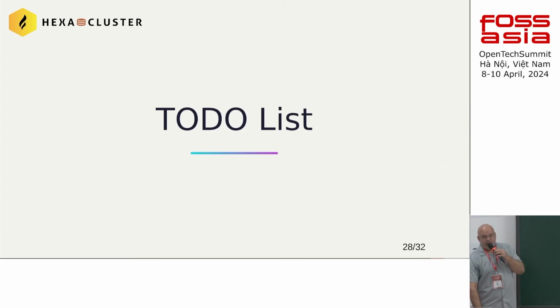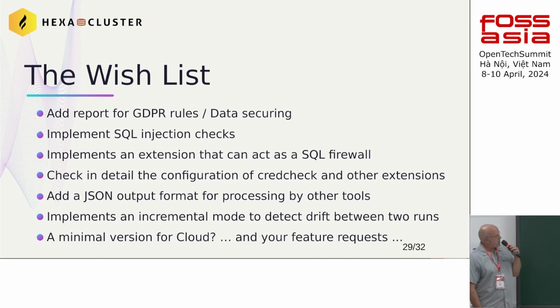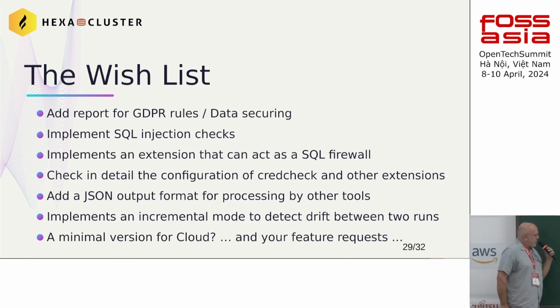This is a fresh program, so there is a to-do list. I have planned to work on this in the year. I don't know if I will be able to finish all this work in the year, but I will try.